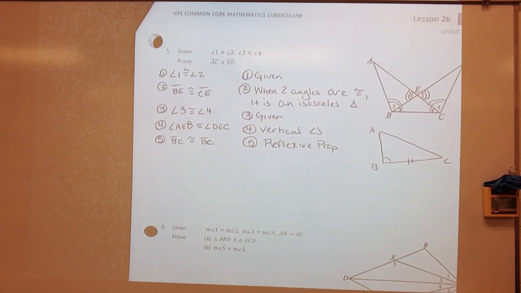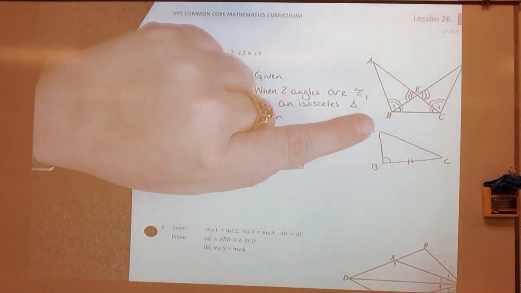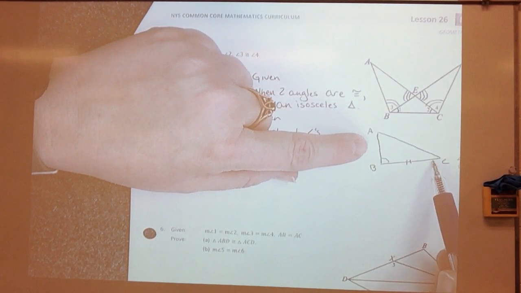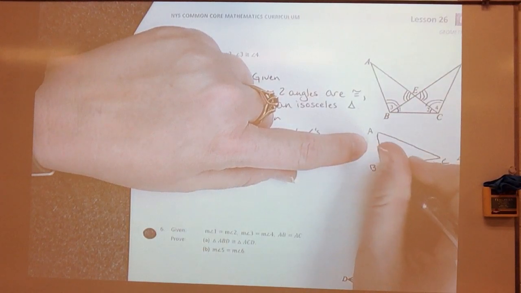Let's see what else I need to figure out. I've got an angle and a side, so I need another way to prove congruence here. These angles are the same, and these angles are the same.